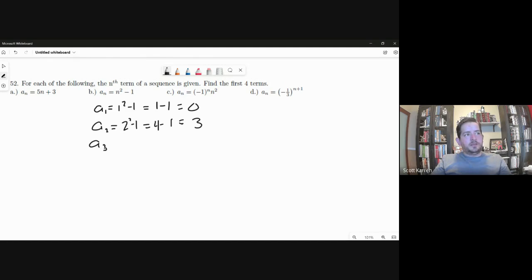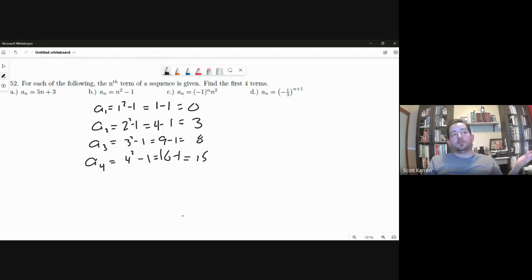A sub 3, or my third term, is just 3 squared minus 1, but that's 9 minus 1, and 8. And then a sub 4 is 4 squared minus 1, but that's 16 minus 1, and 15. And that's all they asked for. What are the first 4 terms? There they are: 0, 3, 8, and 15.